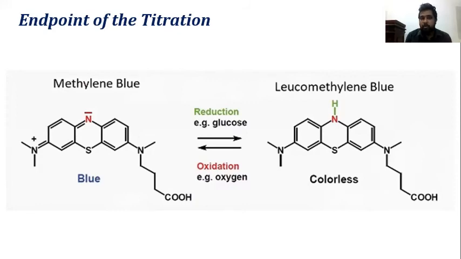So in order to identify your endpoint, we have to have a mechanism. Usually in this kind of experiment, in usual titrations, we use an indicator for that. Methylene blue is that kind of an indicator, but the mechanism is different from other acid-base titrations.